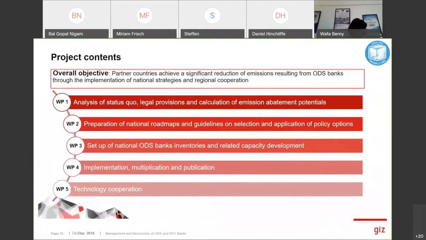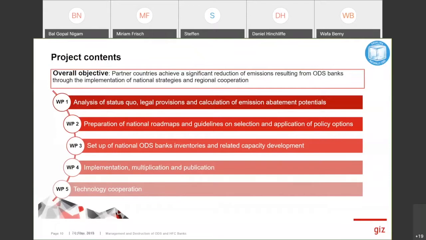Within the project, we have global activities where we develop studies concerning the challenges and best practices for ODS Banks management, and also promote the knowledge and information flow on this topic.